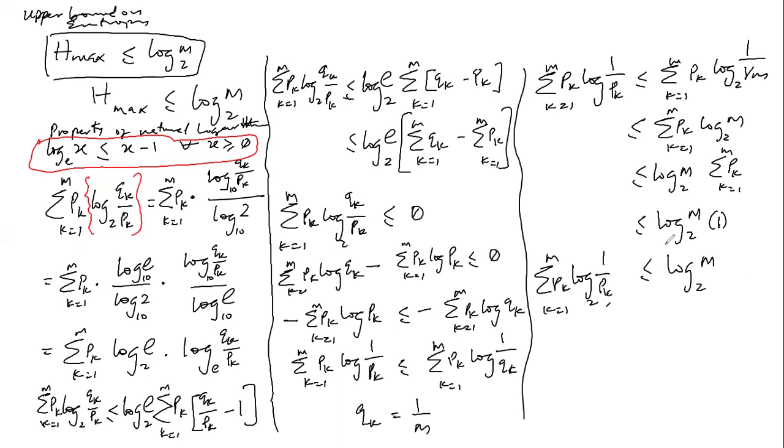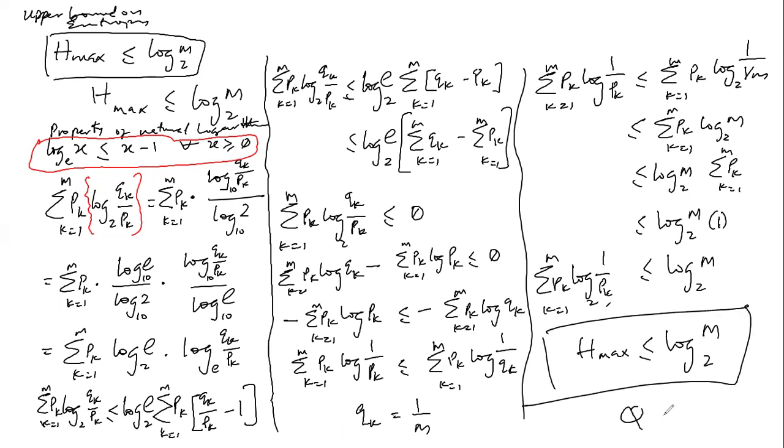So this is the maximum entropy, which is less than or equal to log m base 2. QED, the end of proof, which gives us what we were asked to prove, this and this.